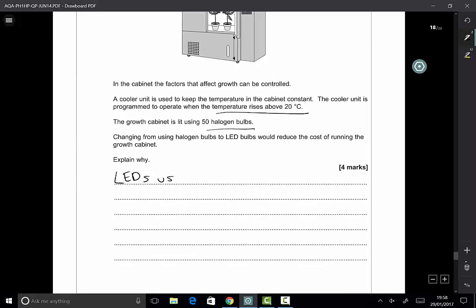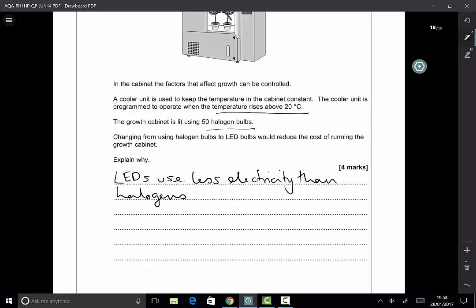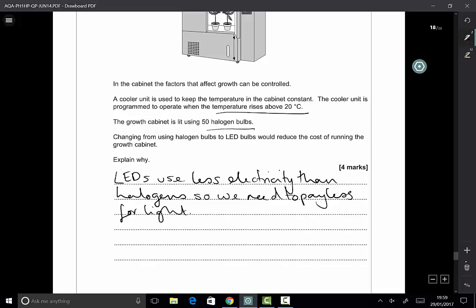LEDs use less electricity than halogens. So we need to pay less for the light. But that's not 4 marks worth. And why have they talked all about this cooler unit that's being used when the temperature rises?